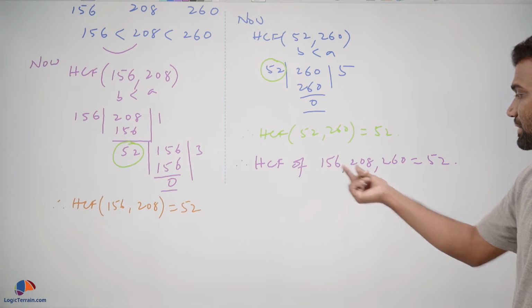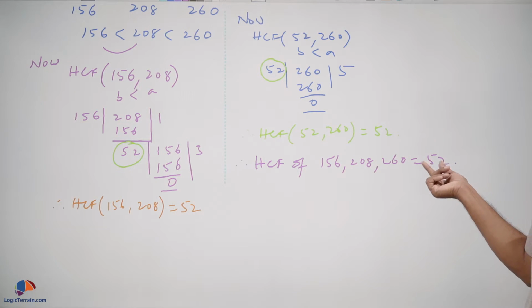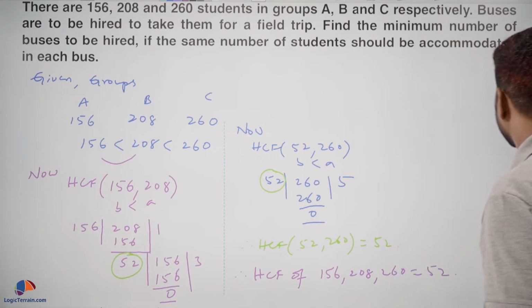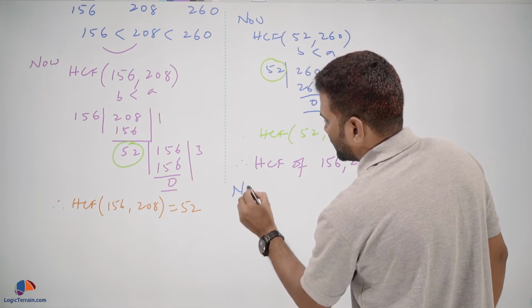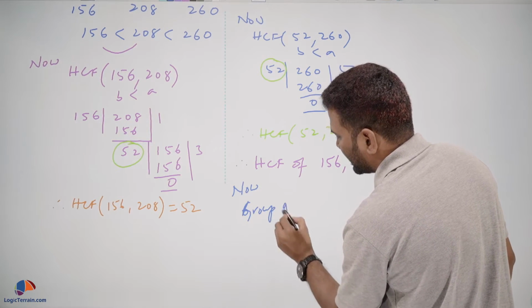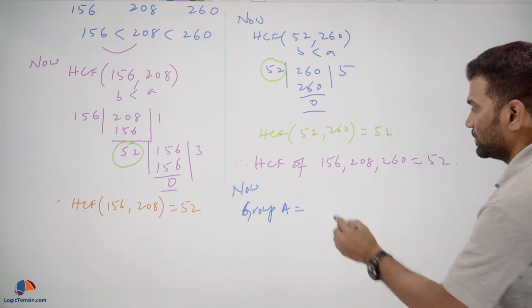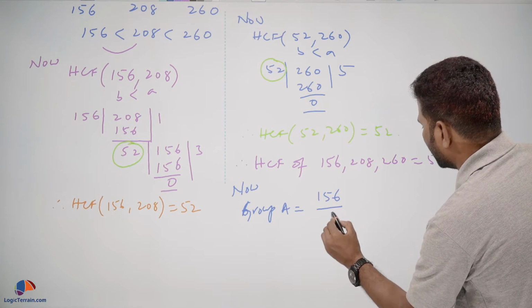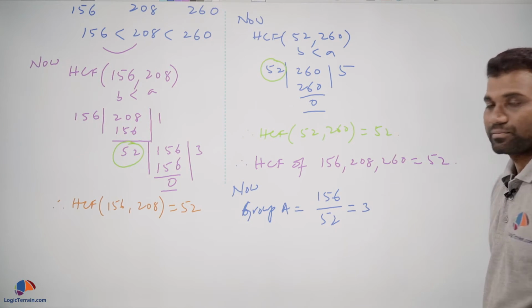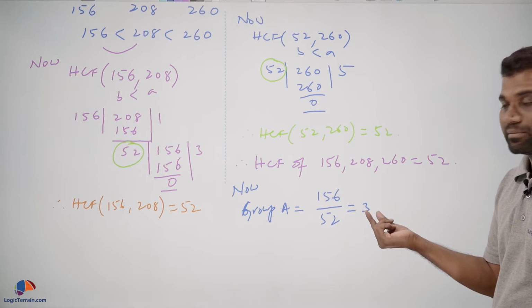So in 156, how many groups of 52 are there? Group A can be divided into 156 upon 52, which is 3 groups, which requires 3 buses.